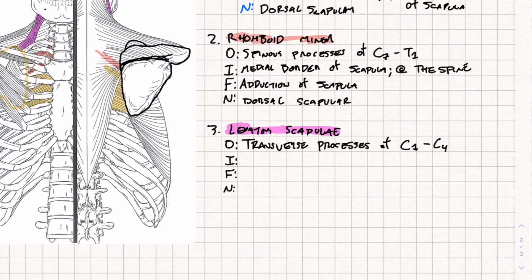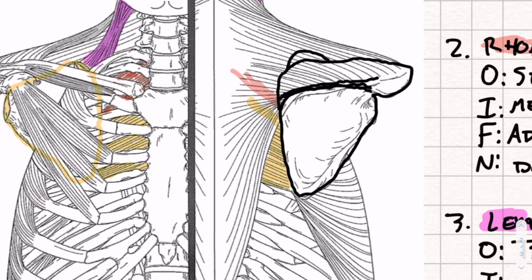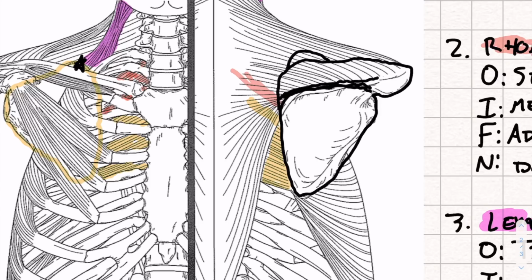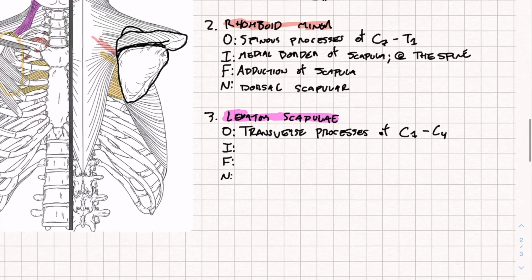So those first four cervical vertebrae, the transverse processes is where this muscle is originating from. So again, we're not really moving those cervical vertebrae. It inserts onto the scapula, and you can kind of see right here. That's that landmark we know is the superior angle.